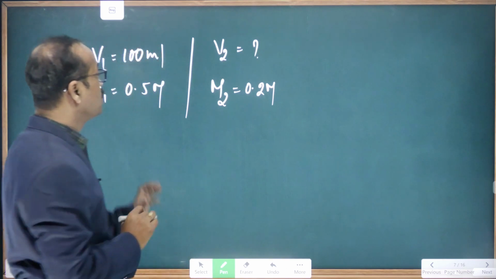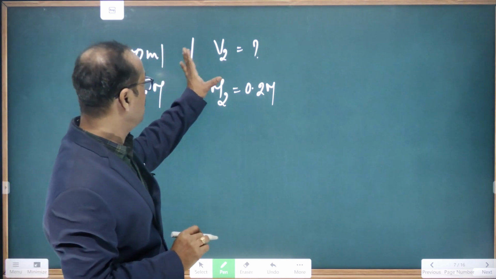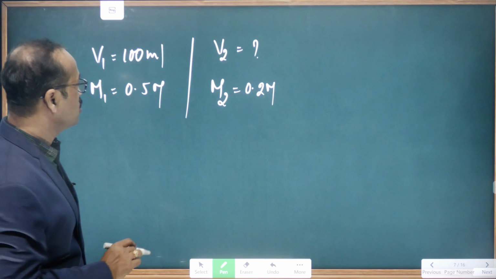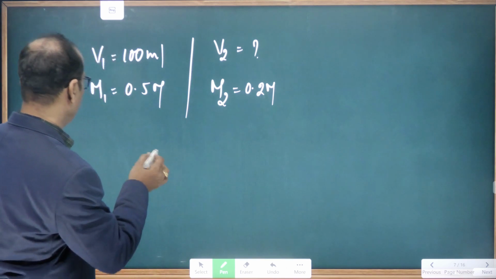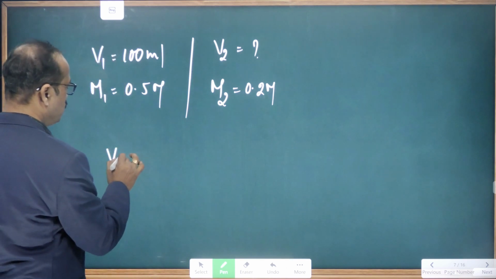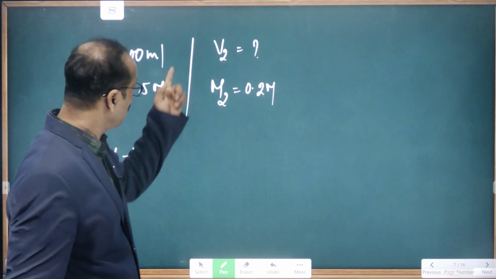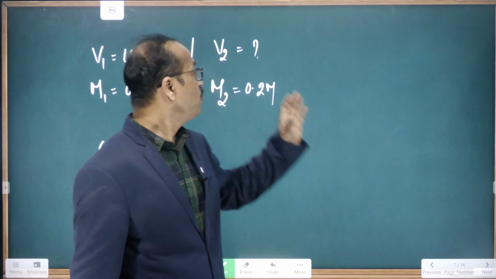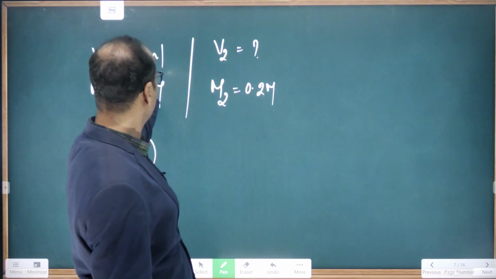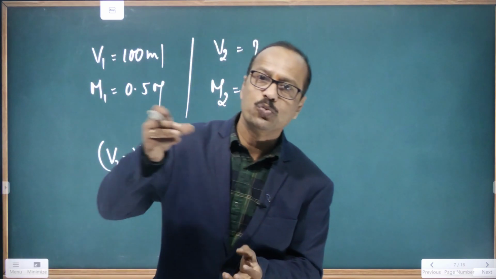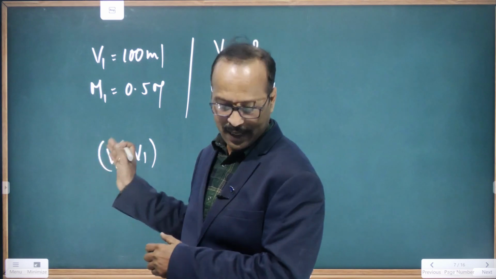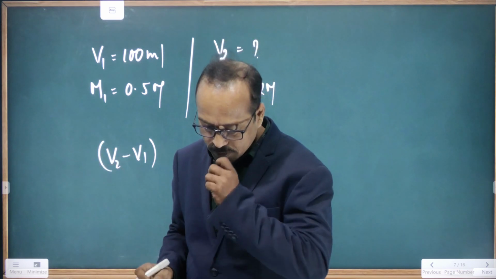So the total volume is V2, right? So now here, the volume that should be added means what we need to do? V2 minus V1, because already 100 ml is there. Now, if you find V2 and remove the 100 ml, then we get how much water should be added, that is V2 minus V1.